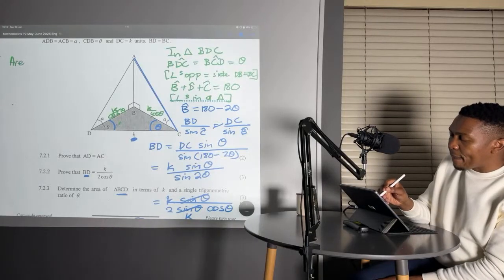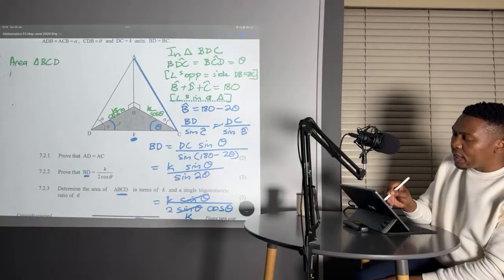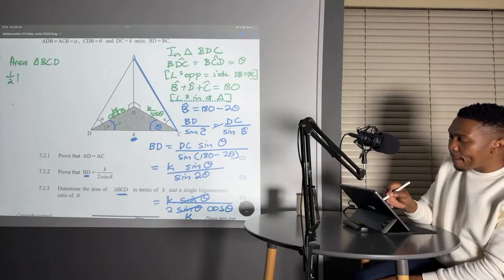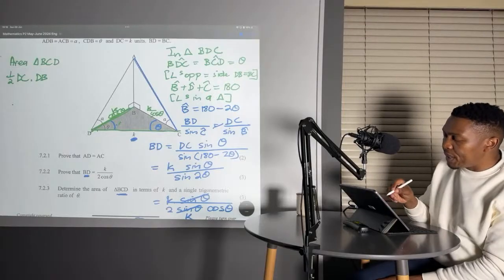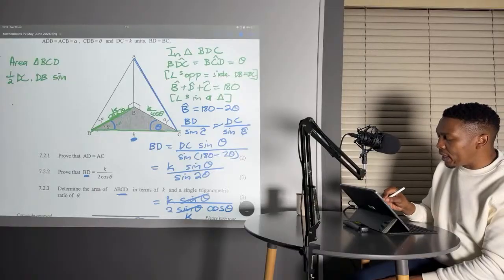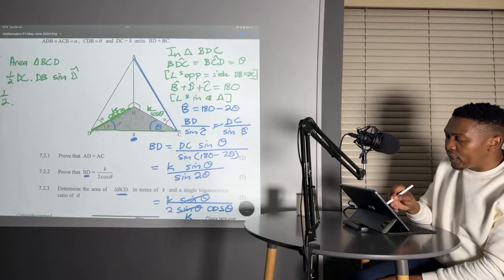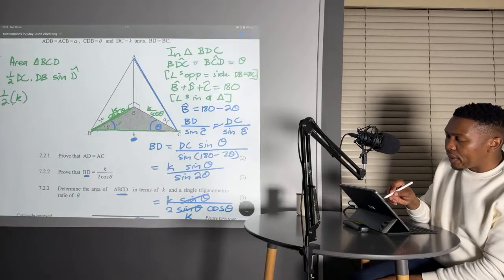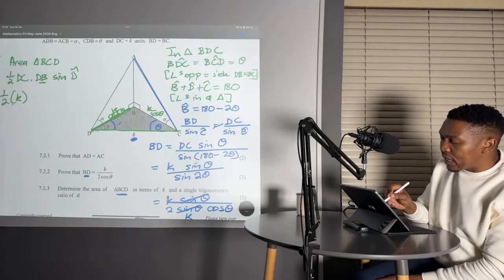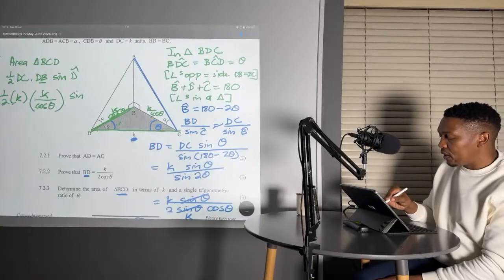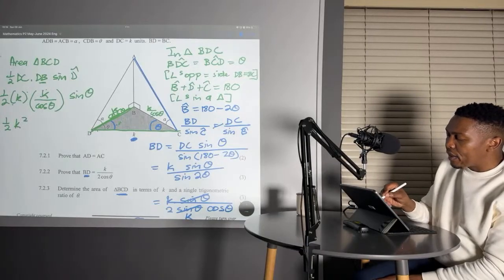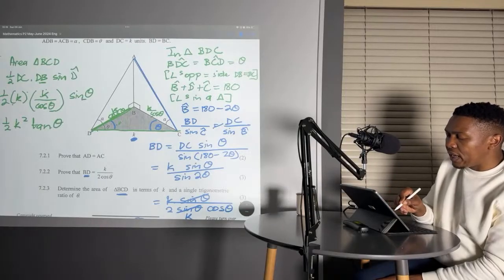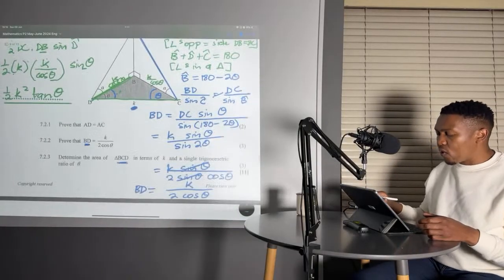So I'm going to say the area of triangle BCD is a half of DC multiplied by BD, the sine of the included angle, which is sine of D. So DC, that's K. That's going to be DB, that's K over the cos of theta. The sine D is theta. So that will be equal to half K times K, that's K squared, sine theta divided by cos theta, that will be the tan of theta. Okay, so that is the area of triangle BCD.